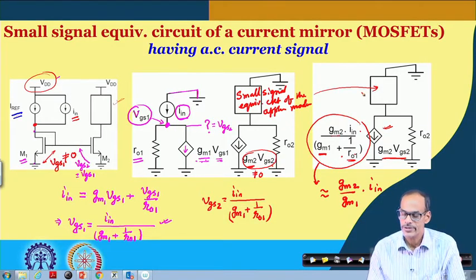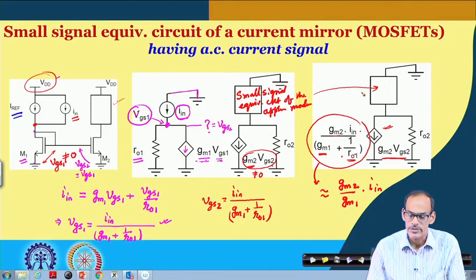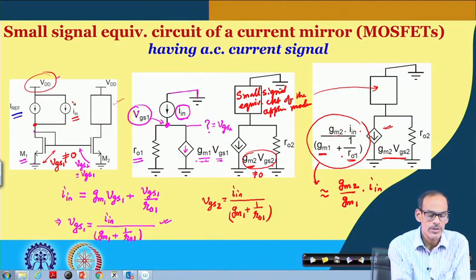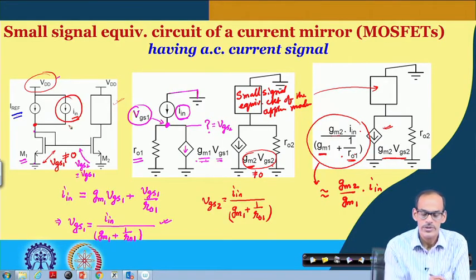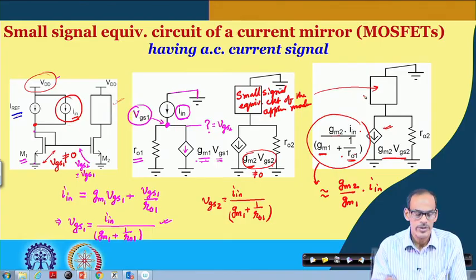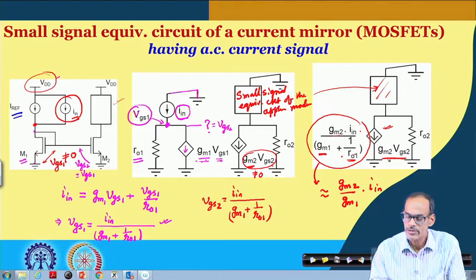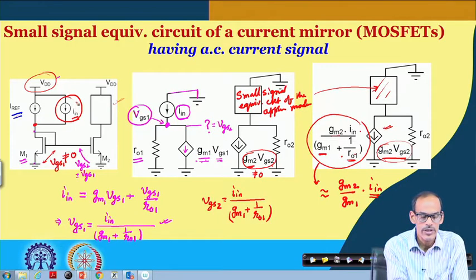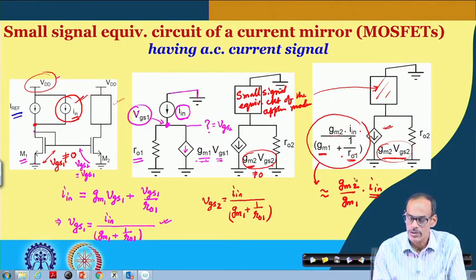And of course, here we do have the application circuit. In this case we can say that if it is a signal current, its effect in this application circuit can be considered by this voltage dependent current source, which is the input signal multiplied by GM 2 divided by GM 1.